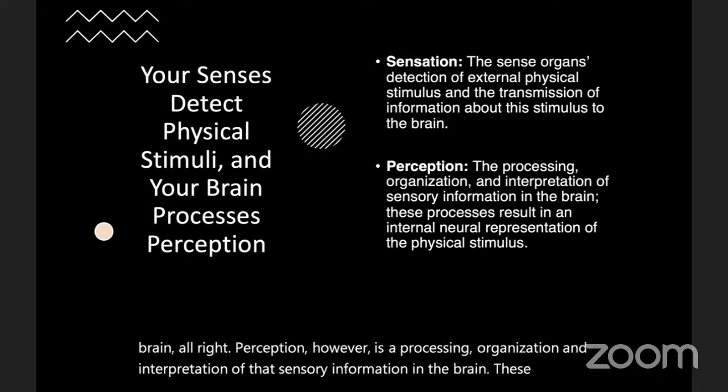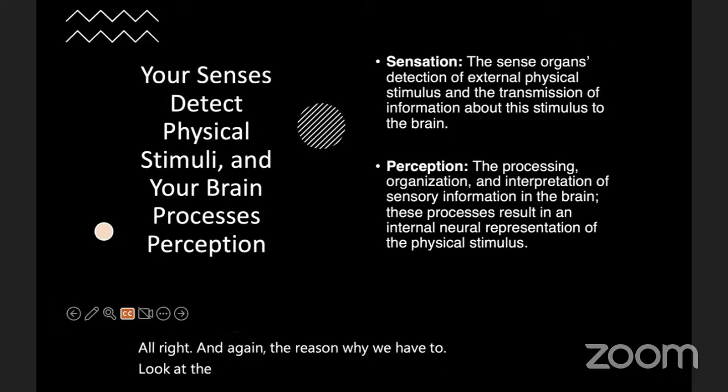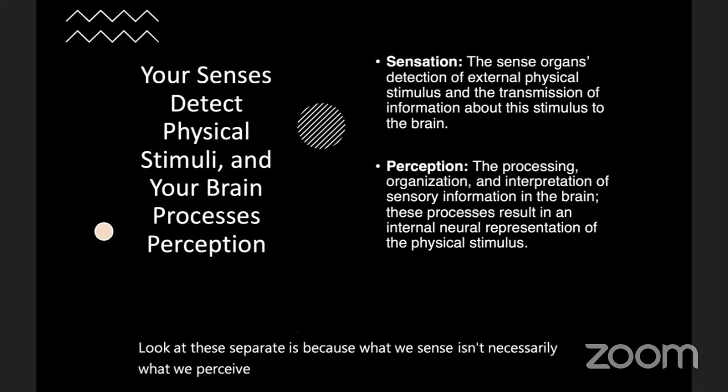These processes result in internal neural representations, all right? And again, the reason why we have to look at these separately is because what we sense isn't necessarily what we perceive, as we will see as we go along, okay?